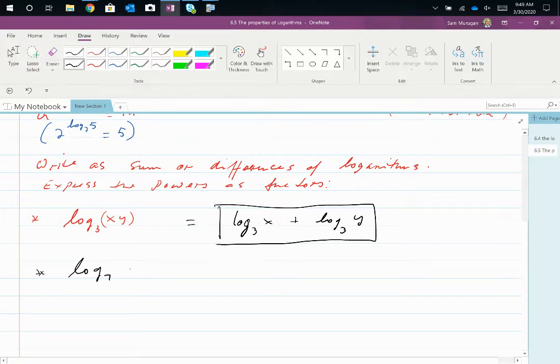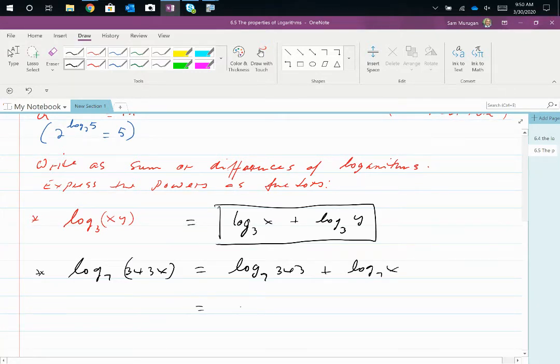Log base 7 of 343x is log base 7 of 343 plus log base 7 of x.